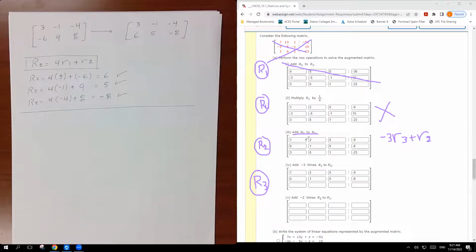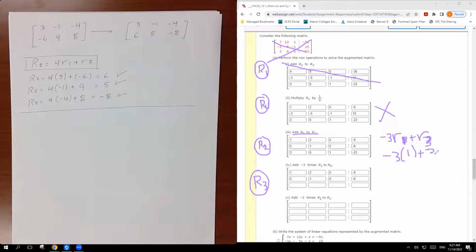Oh, this is R1. No, I made a mistake. Okay. This is R1. Good. Because I said, yes, we have to go back to R1. So negative 3 times R1, which is 1, and add it to R3. So negative 3 times 1, and you're going to add it to R3.